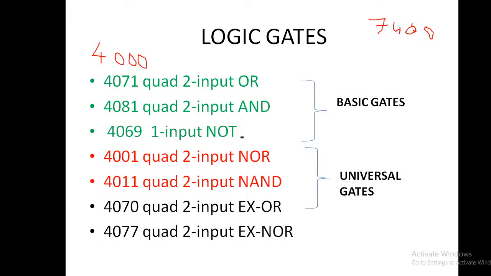It is difficult to write here, still I am trying to write. It is known as hex inverter, okay? Apart from that, you have the other two gates, XOR and XNOR.